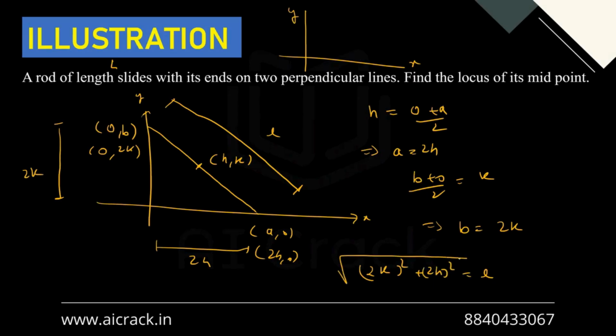So basically under root of this equals to L. So this is our final equation, or you can just write it this way only. And now replace k with y and h with x. So 2y whole square plus 2x whole square equals to L square. So this is the equation of our locus. So we started with h and k, we used the basic conditions, then we applied the geometrical condition.